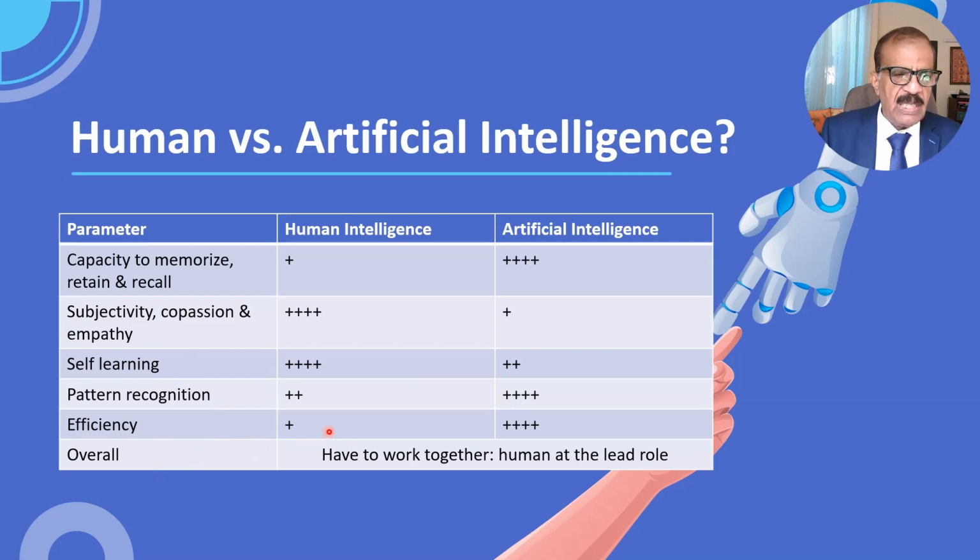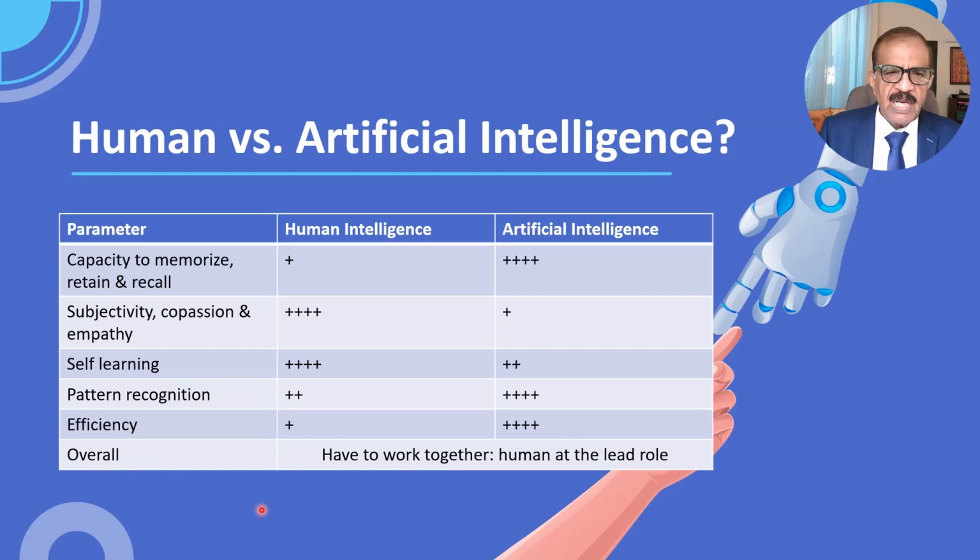So, efficacy: humans have limited efficacy, and a machine has almost unlimited efficacy, because machines do not get tired, they do not get sleepy, and they can work at unlimited capacity. So we can actually expand the machine more and more, and the efficiency would also increase.